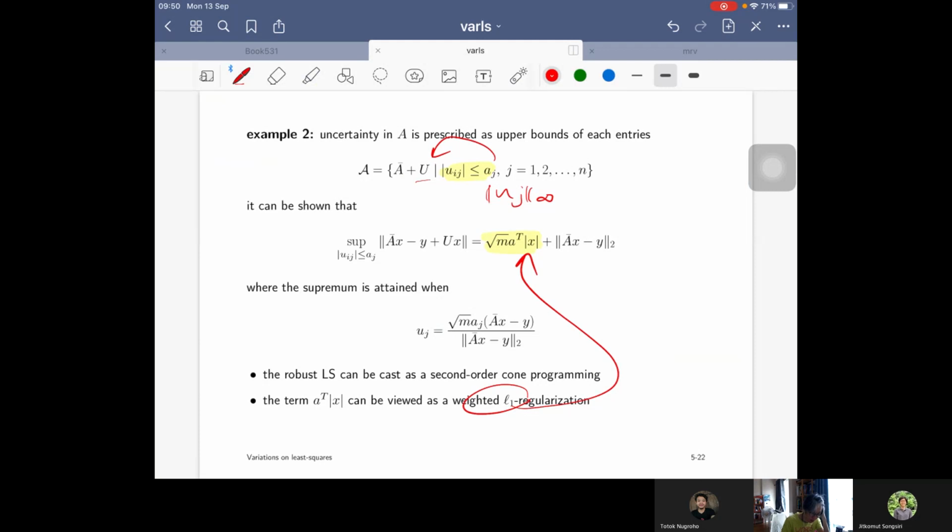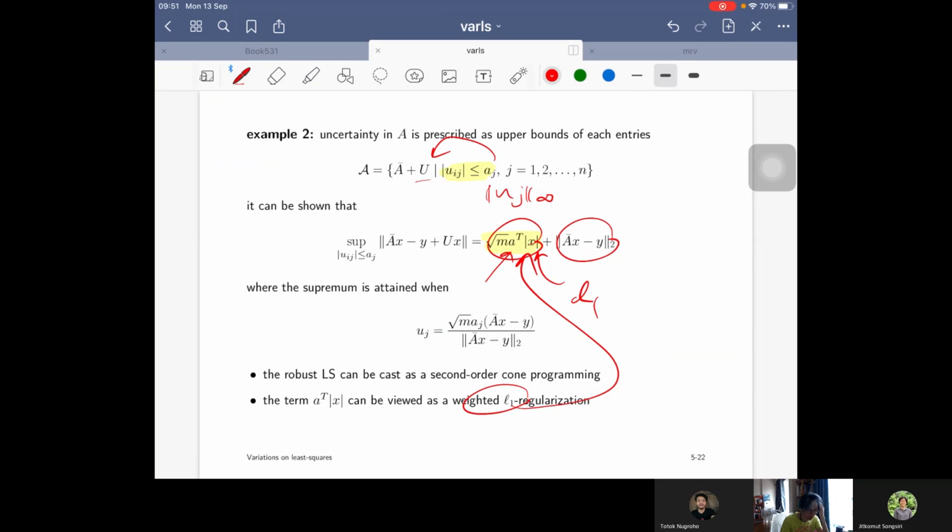The concept is the same. The resulting optimization problem is to trade off between the residual norm measured by the two norm of the nominal model, but also at the same time you try to reduce the norm of x. But here you use the L1 norm, weighted L1 norm, as a way to measure the size.